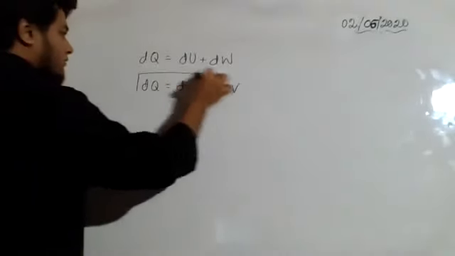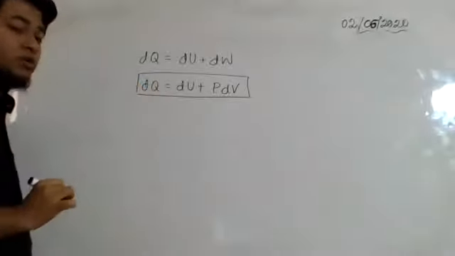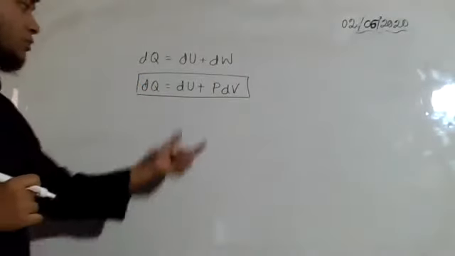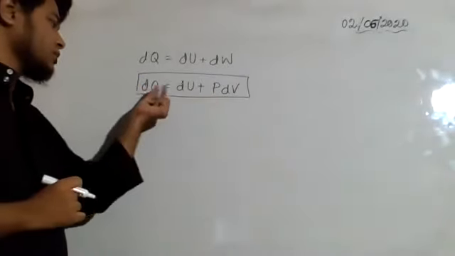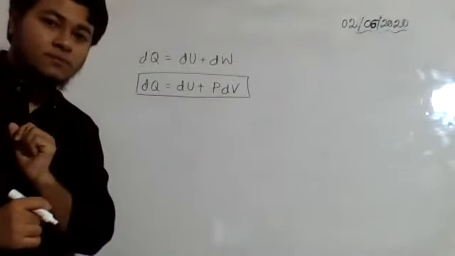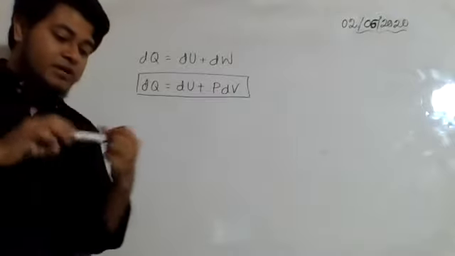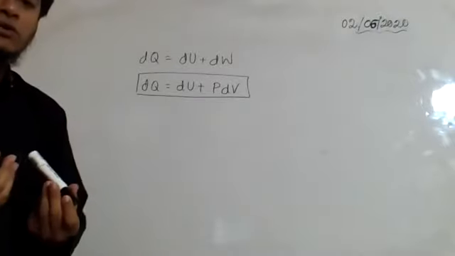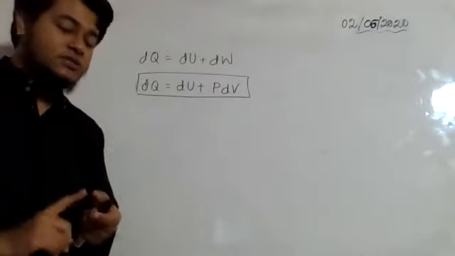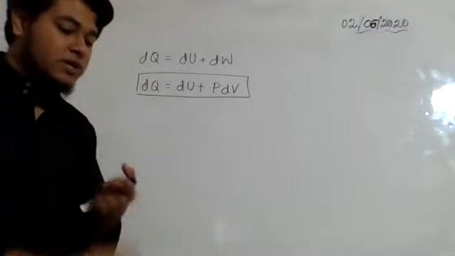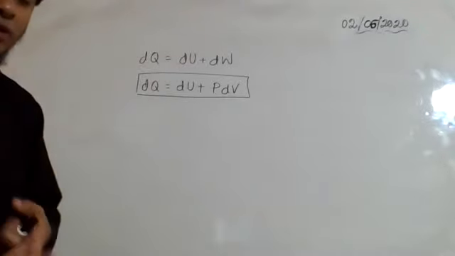So whenever we are applying the first law of thermodynamics for isobaric process, we will write this equation: dQ is equal to dU plus PdV. Okay, for isobaric process. So the similar equations we are going to find out for three more processes, that are isochoric process, isothermal process, and adiabatic process, inshallah.